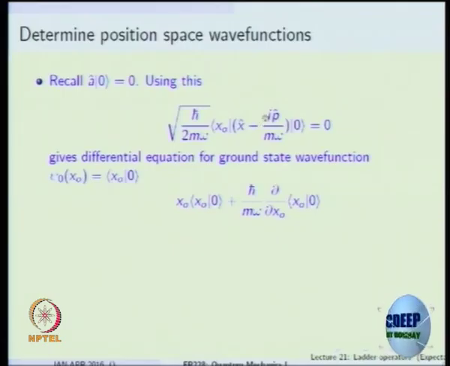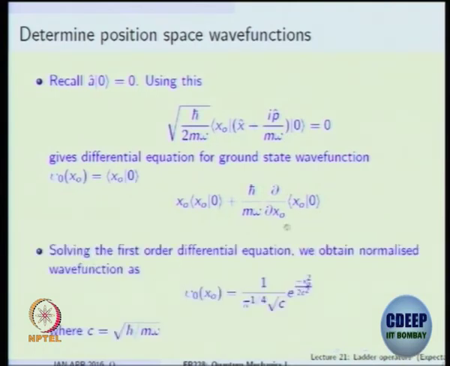So this i with the minus i will give you a plus 1. If there is any typo, you should tell me. So what is this? X naught with 0 is the ground state wave function at position x naught, and this is also the ground state wave function. It's not difficult for you to solve this. Solve the first order differential equation and then normalize it to get the normalized wave function.